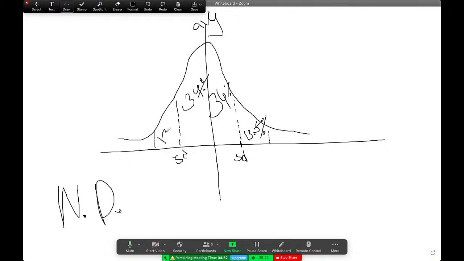So this is 13.5 also. And this small part right here is 2.5%. So I'm just gonna write it out here. 2.5%. Here also. 2.5%. So this holds 2.5% of all data. And yeah, that's pretty cool.